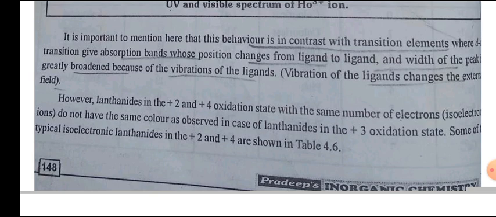However, lanthanides in the +2 and +4 oxidation states with the same number of electrons do not have the same color as observed in the case of lanthanides in the +3 oxidation state. Some of the typical isoelectronic lanthanides in the +2 and +4 states are shown in Table 4.6.